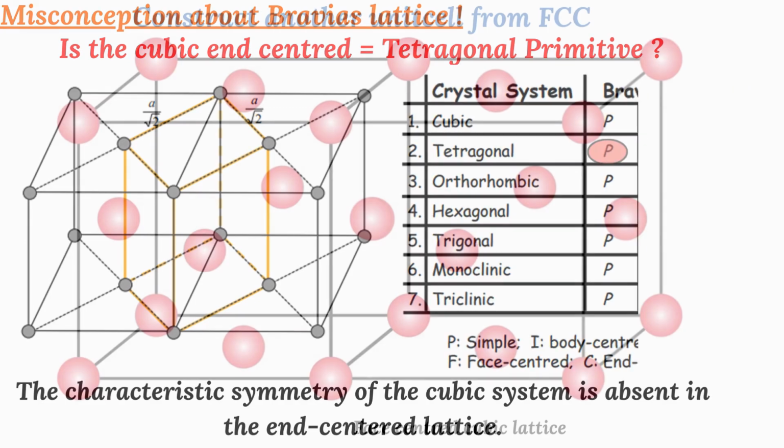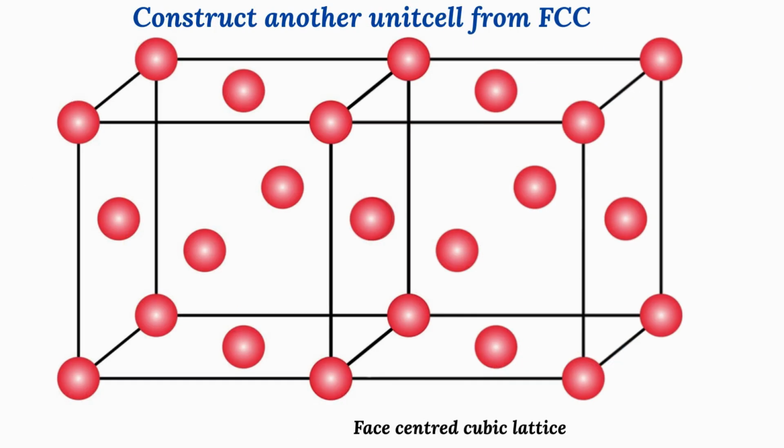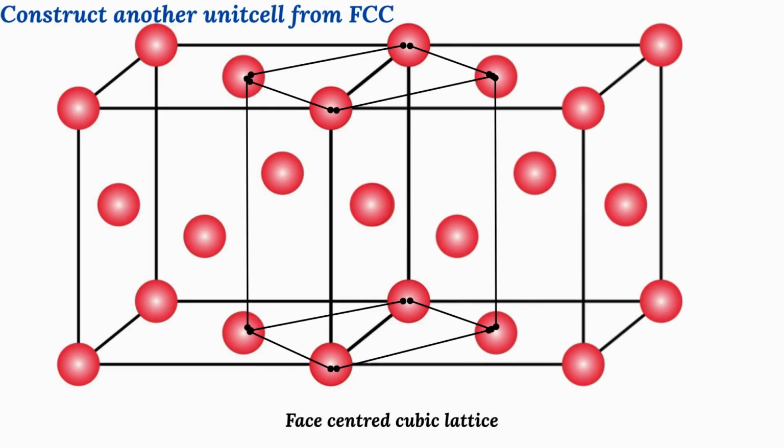This is wrong. Here you can see this is an FCC, that means face-centered cubic, and if you are able to construct another lattice from this, you can find it like this, as we have drawn in the earlier slide. Similarly, if you do this, you will get a body-centered tetragonal. But both FCC and body-centered are present.